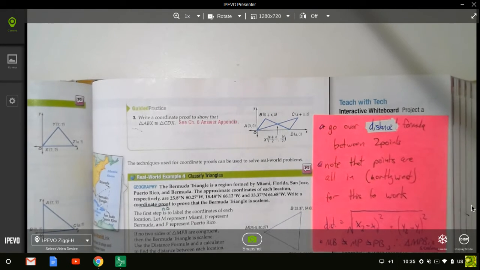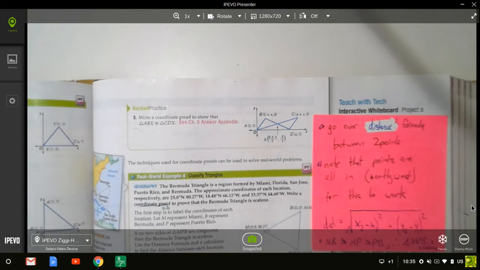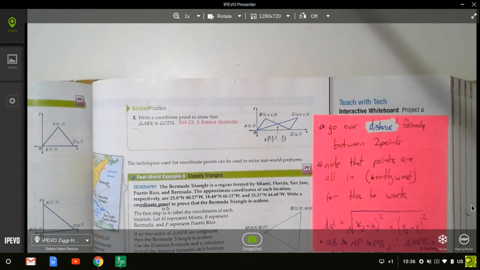Anybody else? Over here. Come here. What'd you get? So hold on. So for AS, you got 32.7 minus 31.4 squared. You got that first. So when you do this, calculate that first, then take the square.